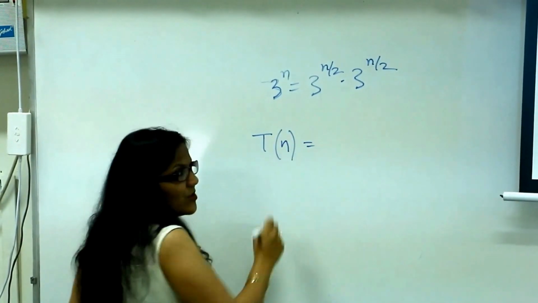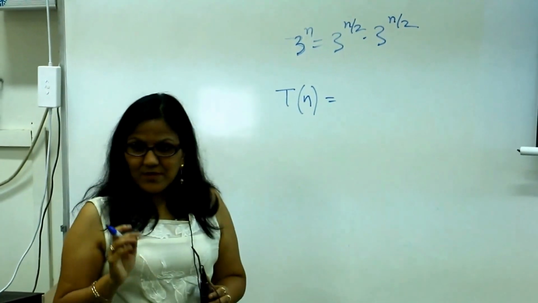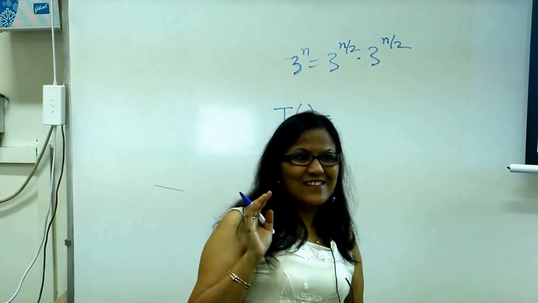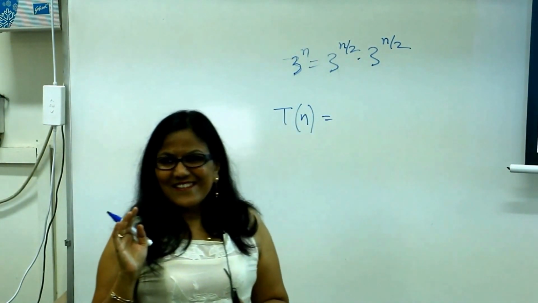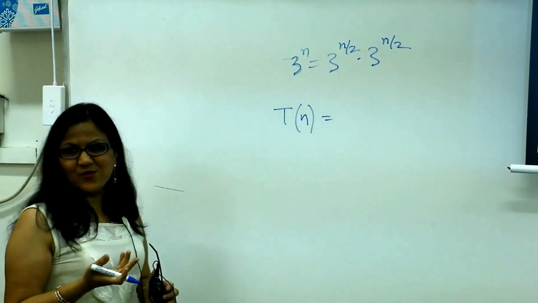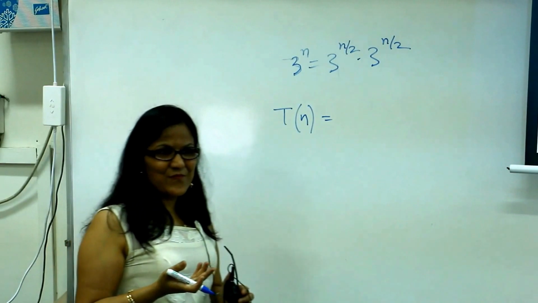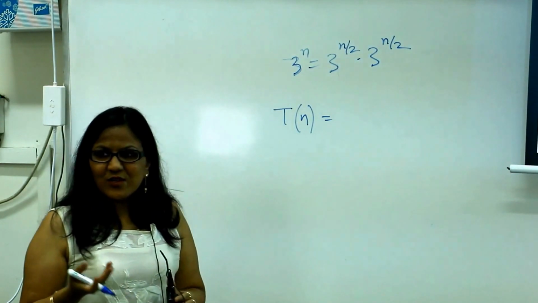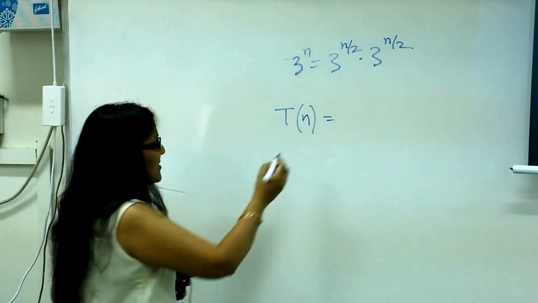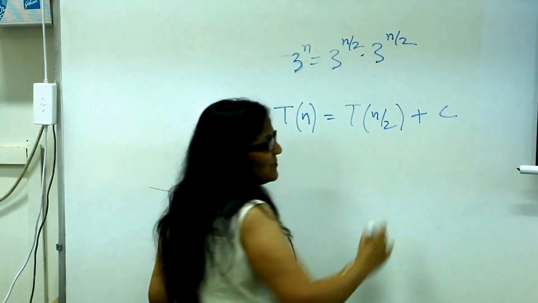If Tn is the time to compute 3 raised to the power n, then Tn is equal to... you will compute 3 raised to the power n by 2 only once and reuse it. That's why I didn't give the implementation. So it is Tn by 2 plus some constant.